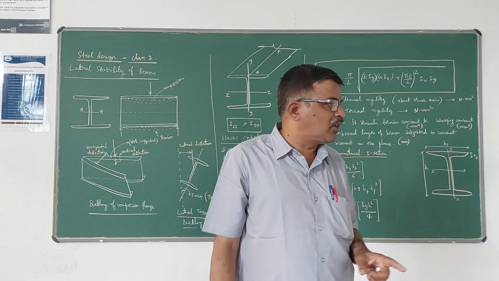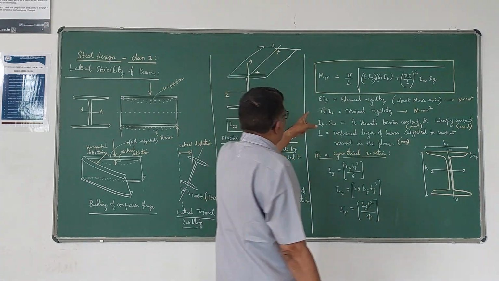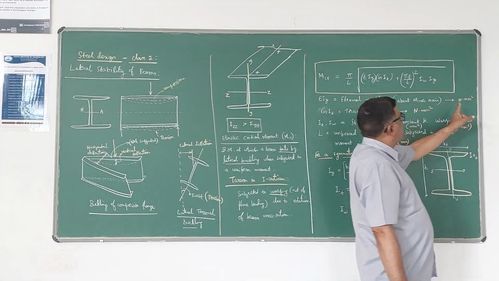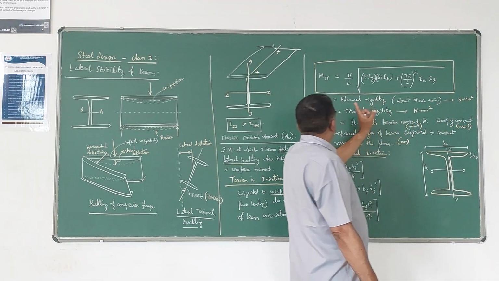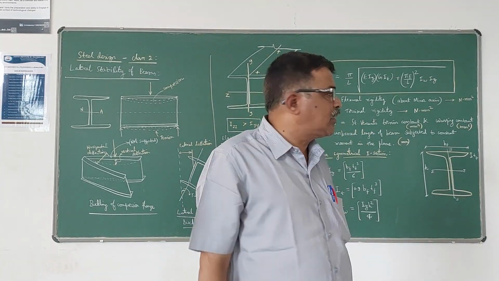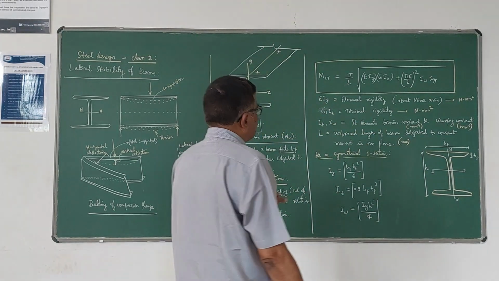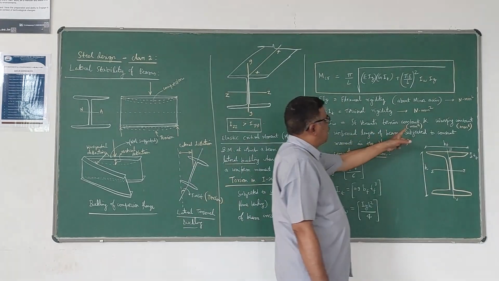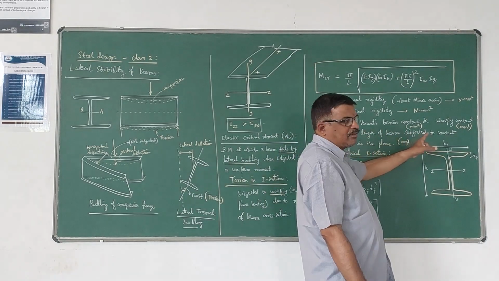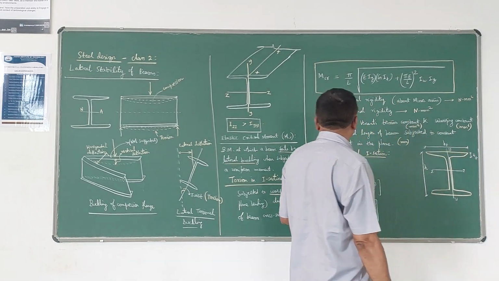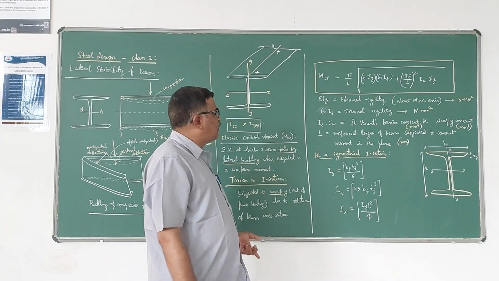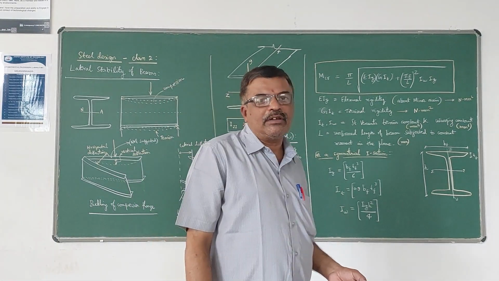E into Iy is called the flexural rigidity, which is in Newton mm square, whereas G It is called the torsional rigidity, which is in Newton millimeter square. It is the Saint Venant's torsion constant, which will be in millimeter power 4, and Iw is the warping constant, which will be in millimeter power 6. L is the unrestrained length of the beam subjected to constant moment in the plane.